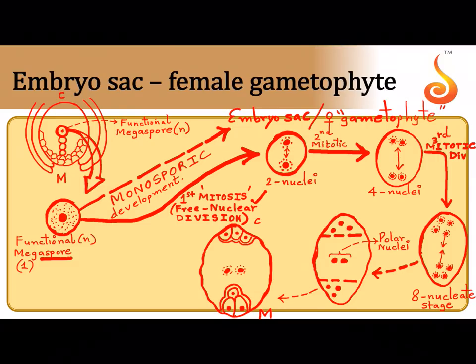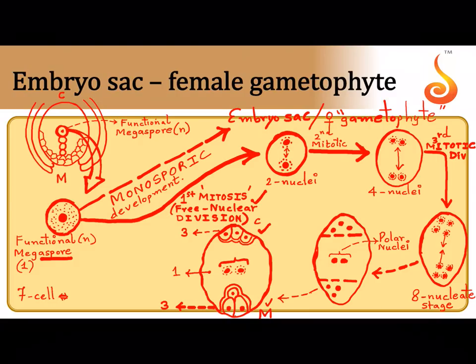So now we have, let us count the number of cells now. 3 cells over this side, 3 cells on this side, and one massive cell in the center. So 3 plus 1 plus 3, we have 7 cells. Let us count the number of nuclei now. 3 nuclei here, 3 nuclei on this side, and 2 in the center.